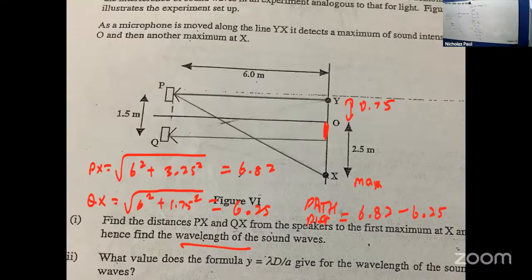X is the first maximum. What is the path difference? One lambda, right? So the path difference is 6.82 minus 6.25, which is 0.57. That is your wavelength.